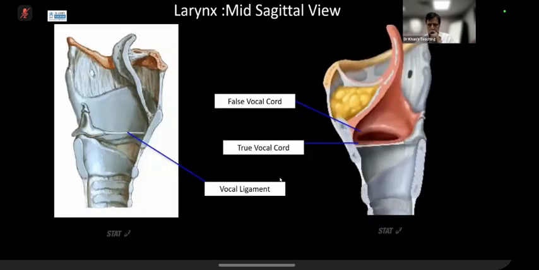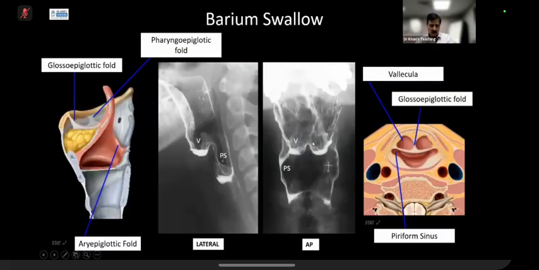Same thing here, and this is the false cord. Now, on a barium examination, if we see an AP view, this is the glossoepiglottic fold, which is this one, and this is this one.